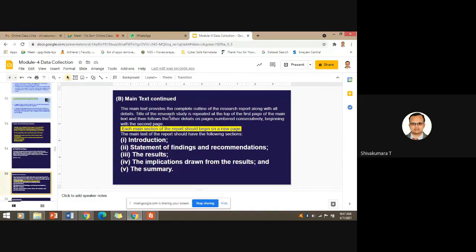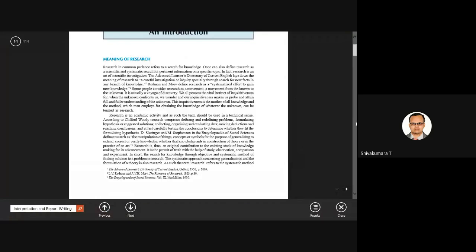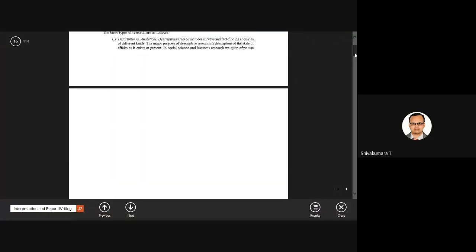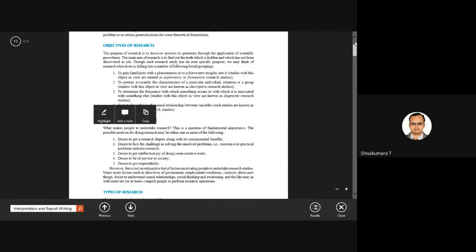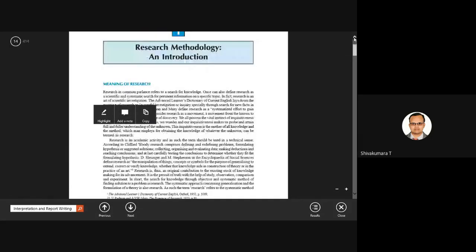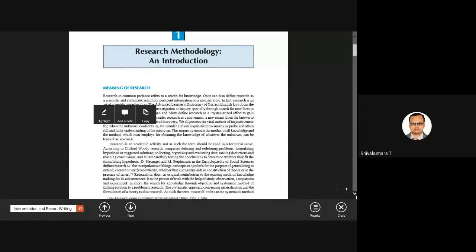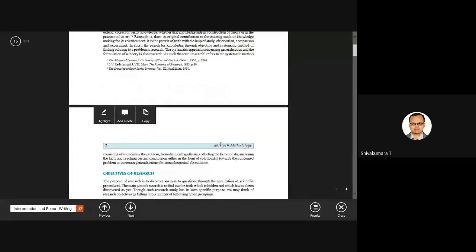The title of the research study is repeated at the top of the first page. You can observe that in the textbook, especially in the report: here, research methodology is a chapter name.